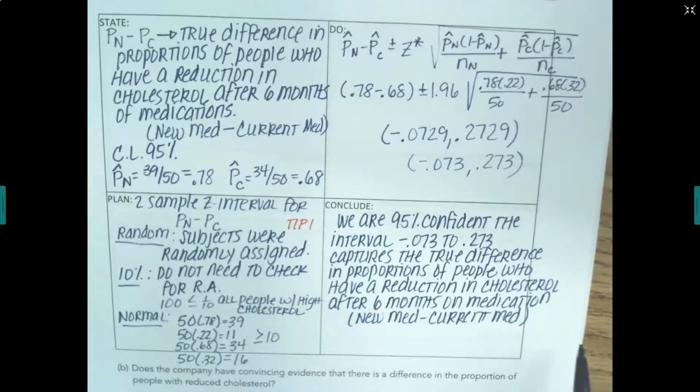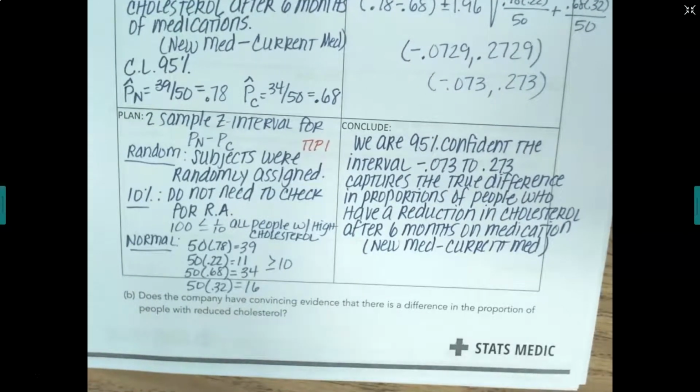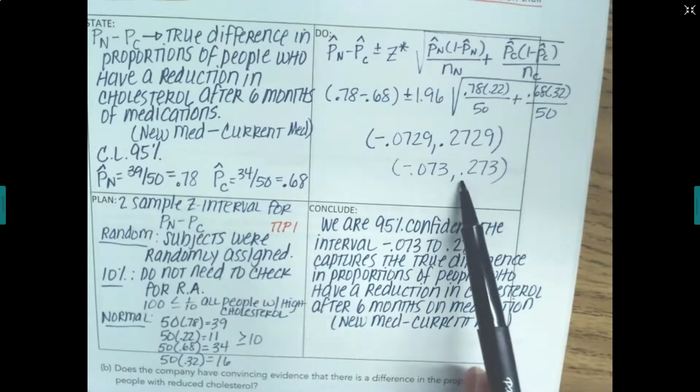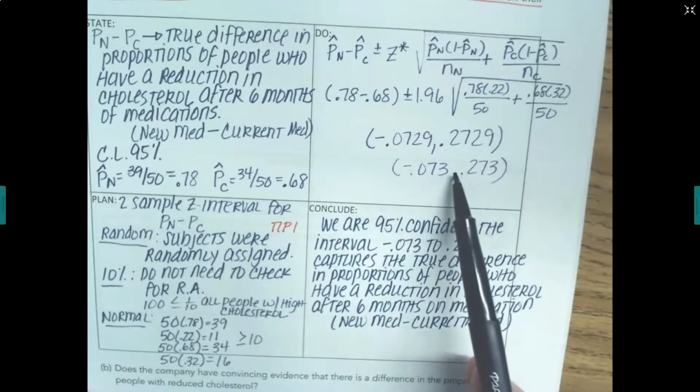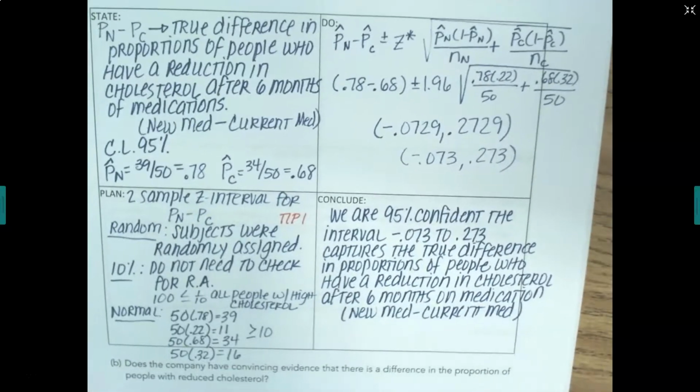Now, this question has a follow-up question. It has a part B. Part B says, does the company have convincing evidence that there is a difference in the proportion of people with reduced cholesterol between the two medications? Well, looking at the interval, 0 is in the interval, meaning no difference is a plausible value.